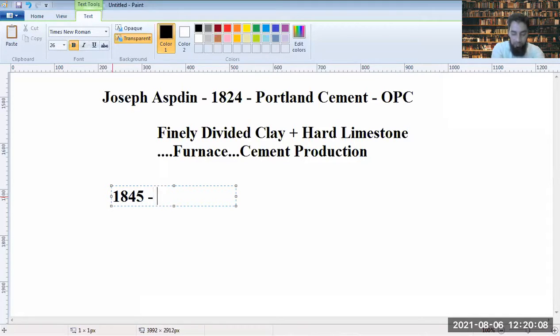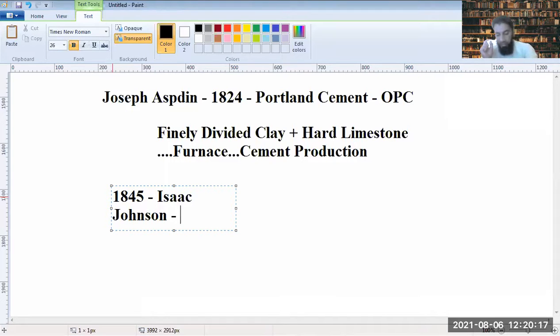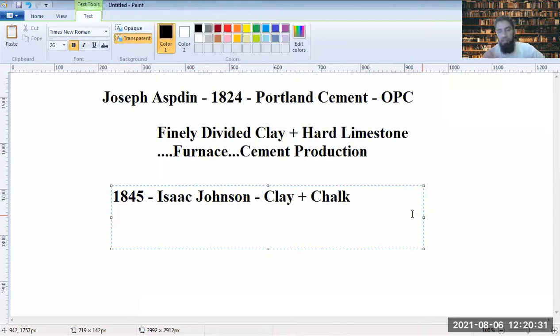Now, in 1845, after this, Isaac Johnson combined the same thing, the clay, again finely divided, plus chalk. So now in place of limestone, he is using chalk, clay and chalk rather than limestone.